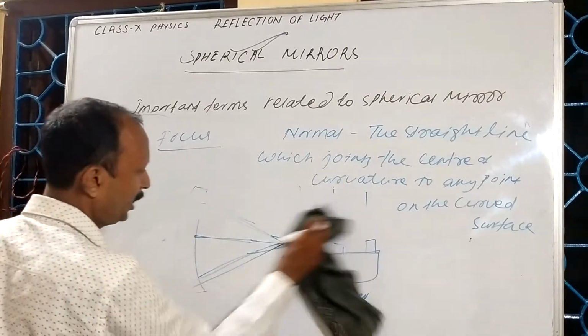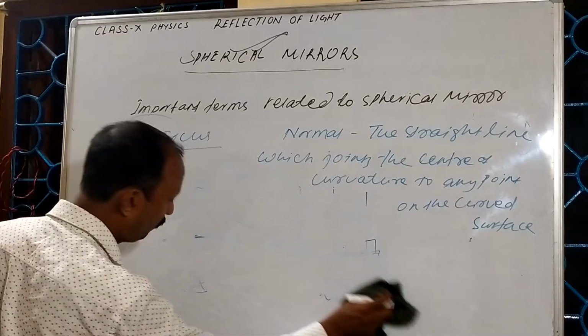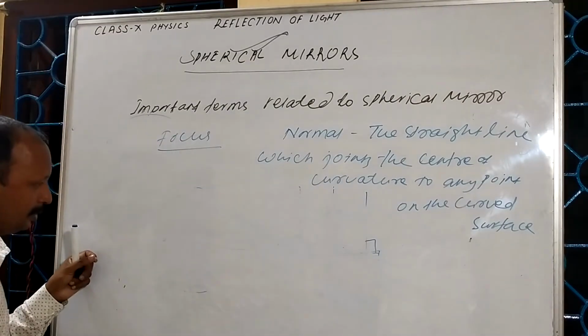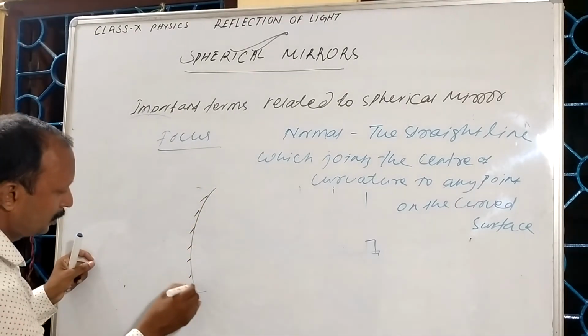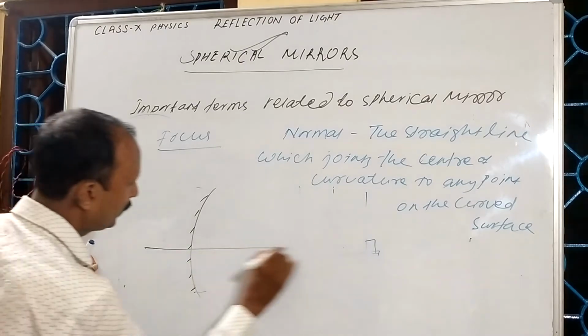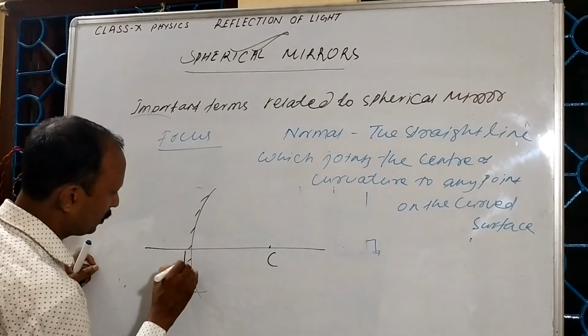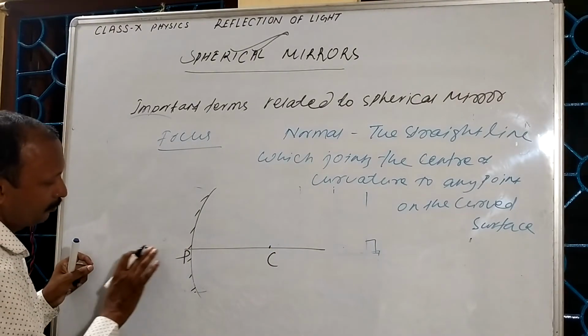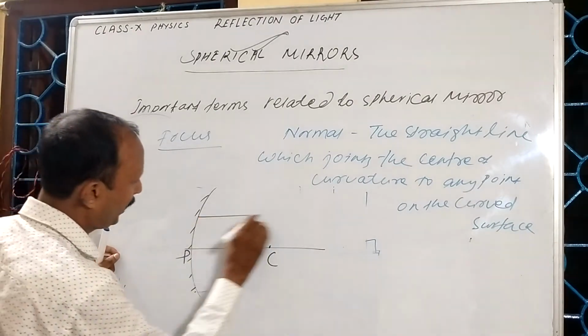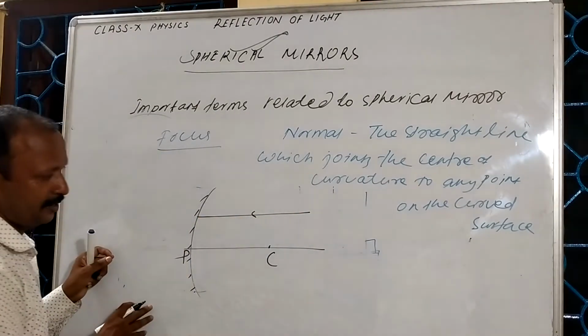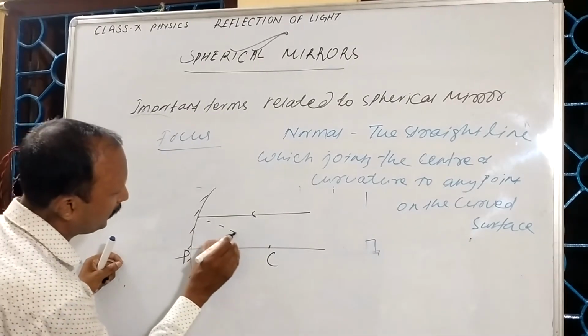So when I explain about the focus, see here once again. This is the concave mirror, this is the center of curvature, this is the pole. This is the principal axis. Suppose one light ray comes here, this is the incident ray. Now I am joining this one.